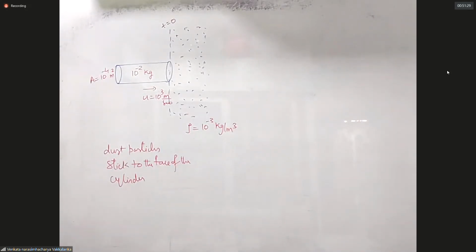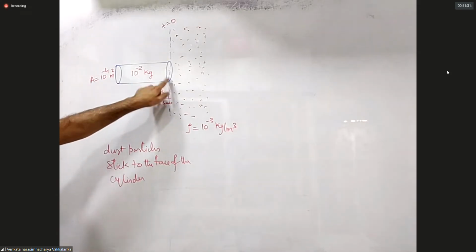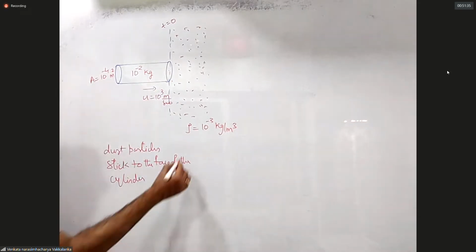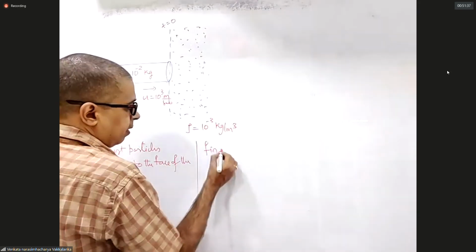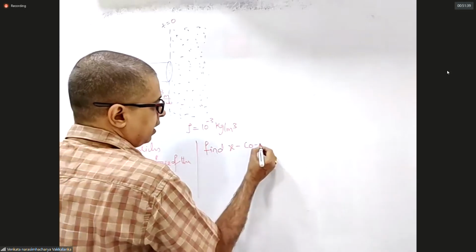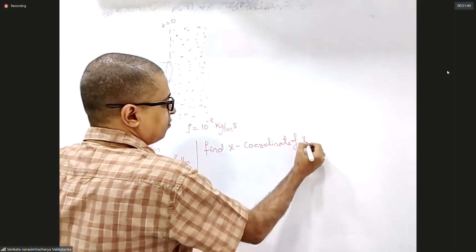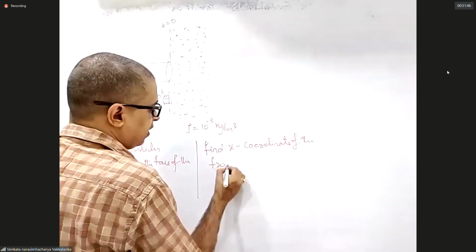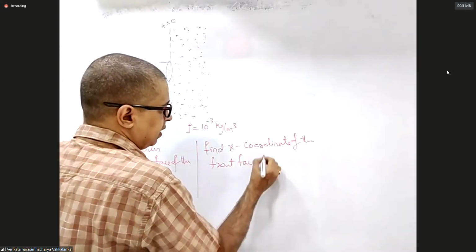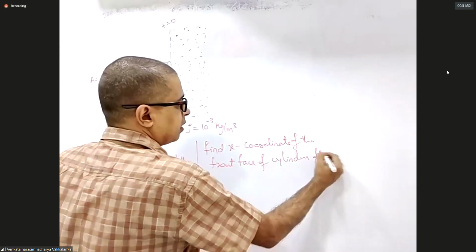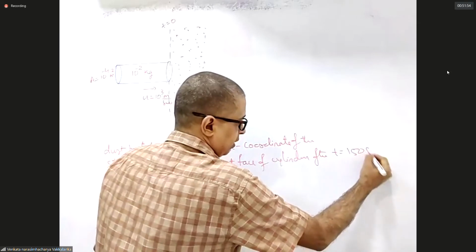Find the x coordinate of the front face of the cylinder after t equal to 150 seconds.